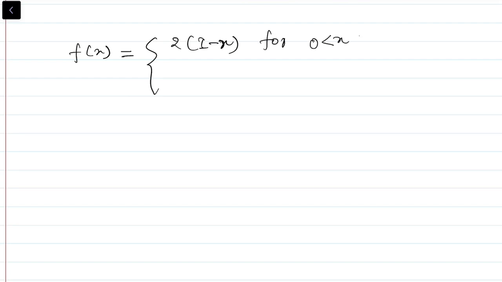Now let's do one more example. Suppose you are given a probability density function f(x) equals 2 times (1 minus x) for x greater than 0 and less than 1.